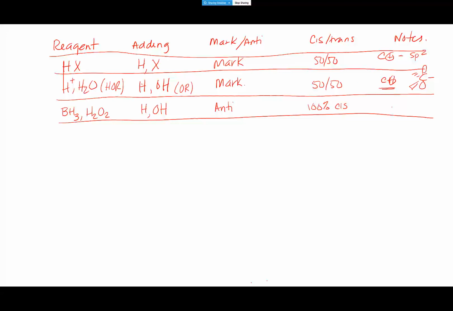Remember, this intermediate has the boron attached to the carbon, and then the carbon-carbon double bond, and then there's the H, so it basically forms a square transition state. And the boron goes to the carbon that is least sterically hindered, which sets up the anti-Markovnikov, and then the square intermediate sets up the 100% cis.